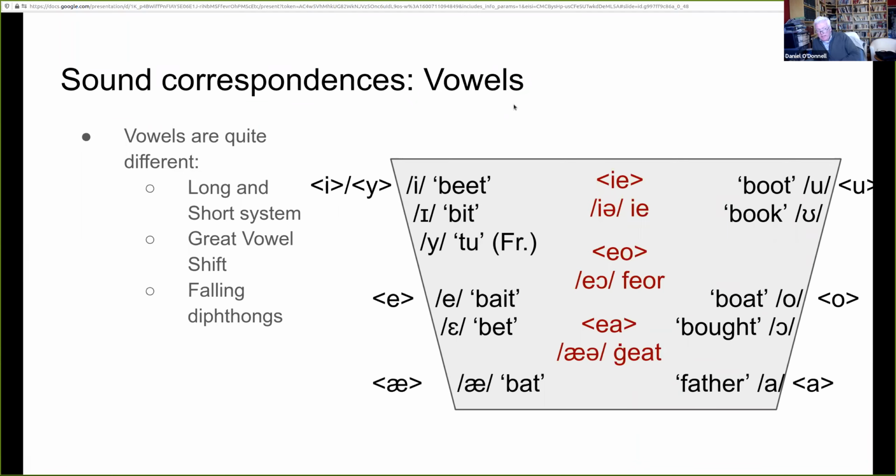So the letter I is used, we think, for the sounds in beat and bit. The Y I'll come back to in a second. The letter E is used for the sound A, as in bait, and E, as in bet.